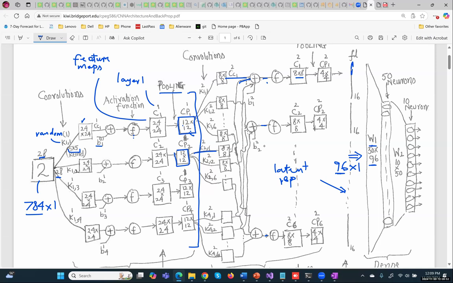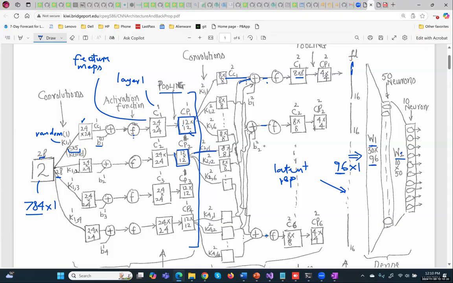And what's W2? 10 outputs, 50 in the previous, so 10 by 50. So W2 and W1, okay? So when we go backwards, what will we adjust? W1, W2, correct? And there will be 50 biases for these 50 neurons, 10 biases for these 10 neurons, right?